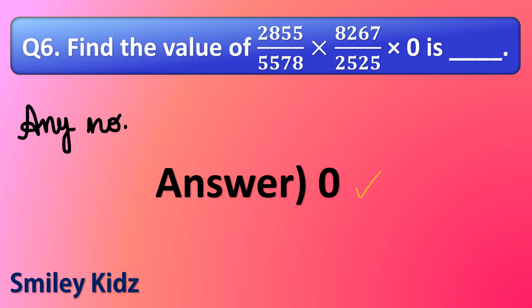Question number 9. Dash is expressed in the form of P by Q where P and Q are integers and Q not equal to 0. It's a very easy question and your time starts now.